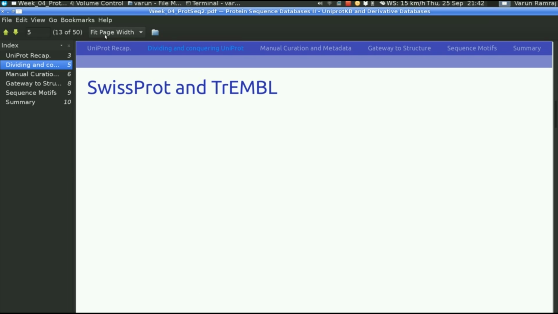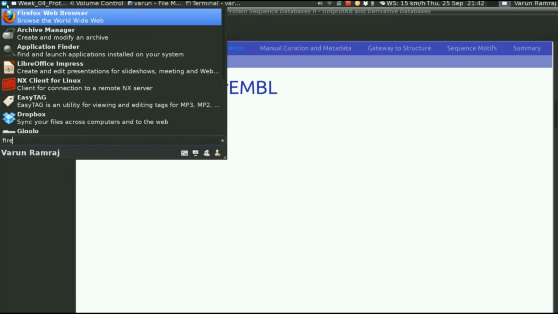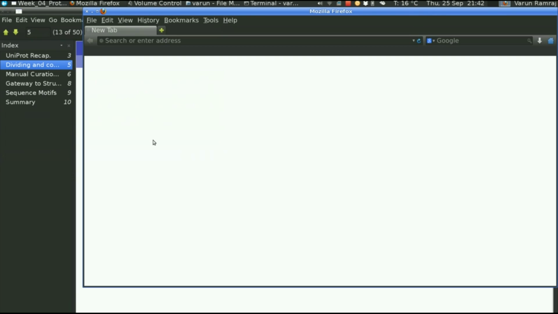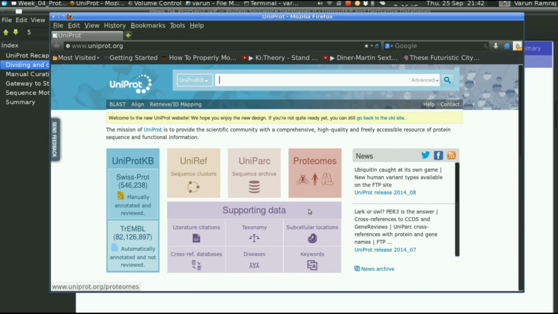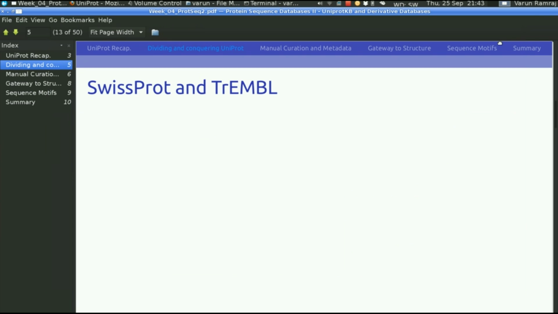So if I go to my Firefox and I go to uniprot.org, this is the homepage for UniProt, and as you can see, UniProt KB is composed of this one box called SwissProt, and the other one is called TrEMBL. Okay, so those are the two constituent projects inside UniProt.